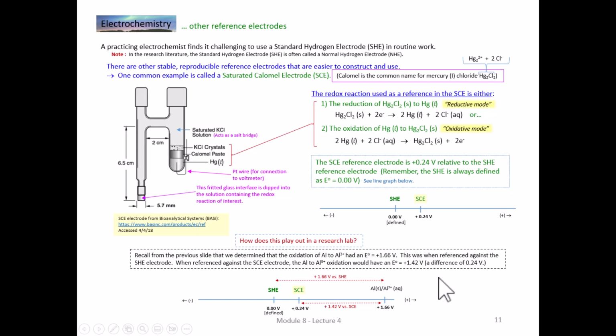So when you report a potential, you normally would want to report it versus the reference electrode that you used. So if I were to report this value, I'd say 1.42 volts versus the SCE, or 1.66 volts versus the standard hydrogen electrode. This allows others to compare their work with yours.